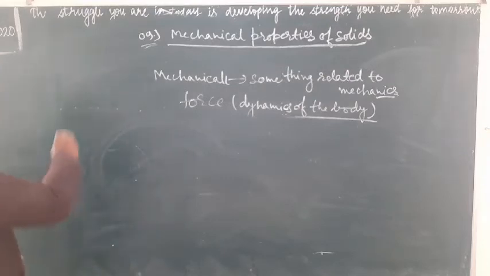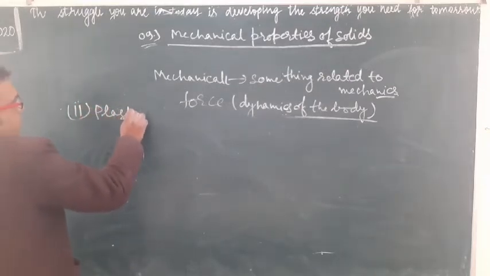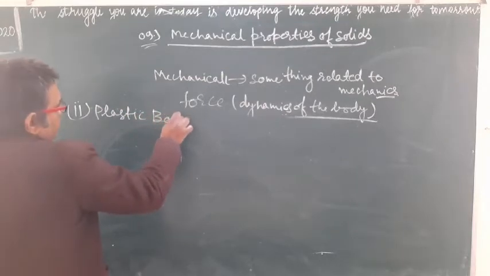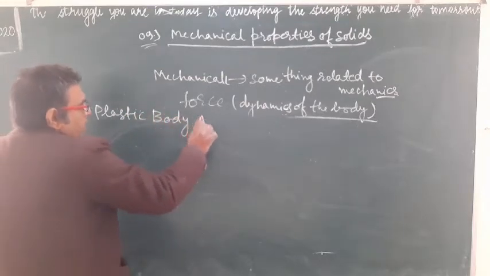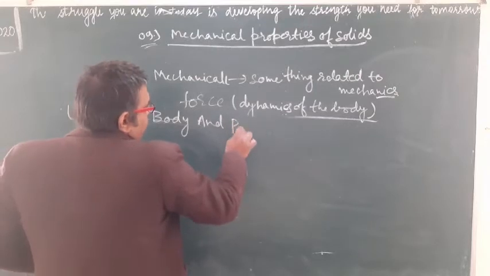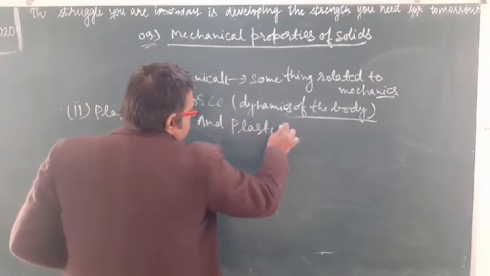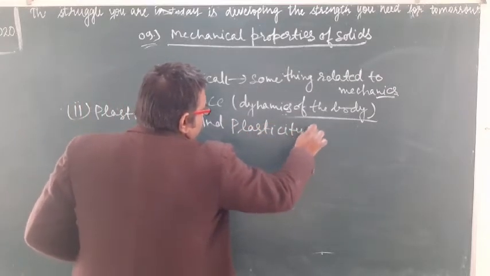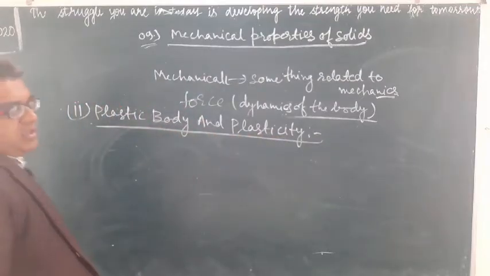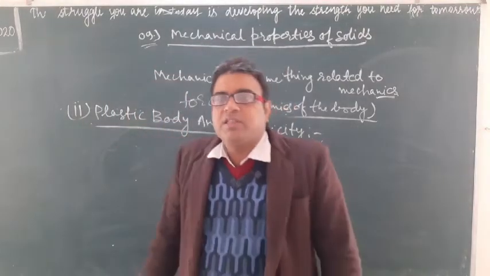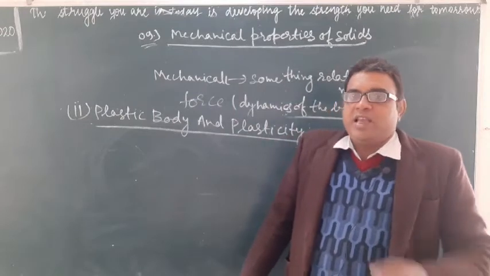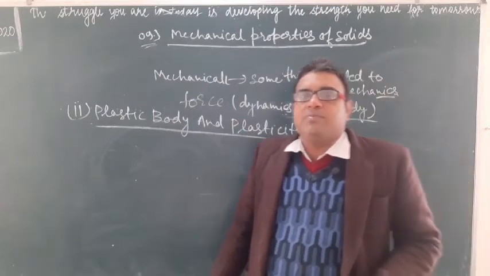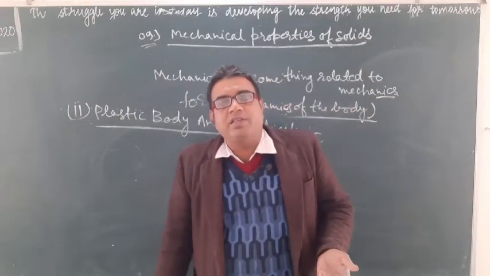The second one is the plastic body and plasticity. Plastic bodies are those bodies in which permanent deformation is observed after the removal of the external force.